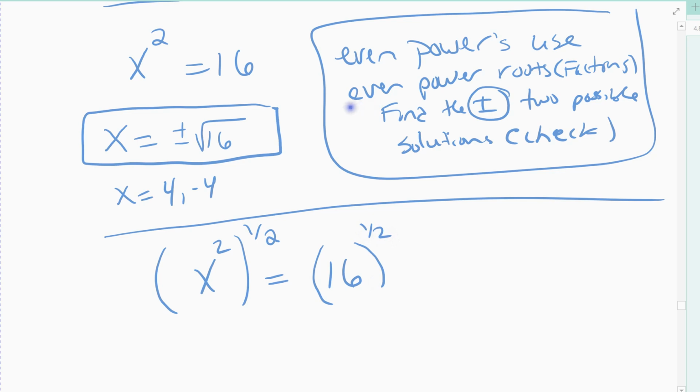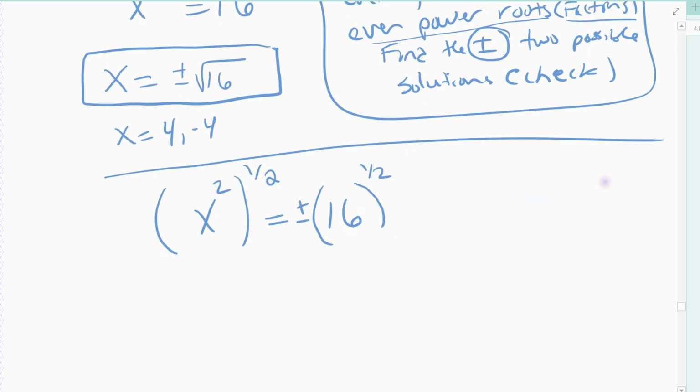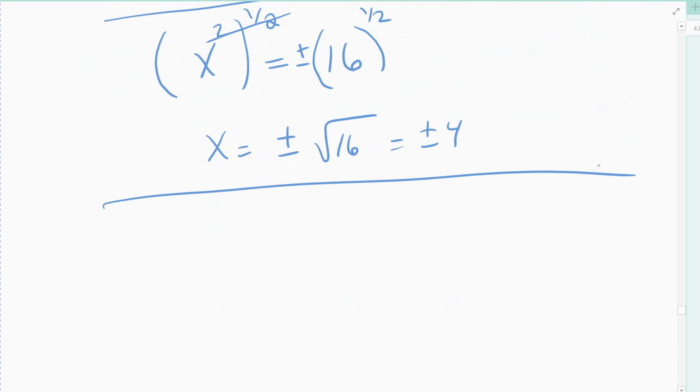But I have to remember I'm using an even powered fraction, and so there's a plus minus out front, only for the even powered cases. And so again, those cancel each other out, leaving me with x. I have the plus minus the square root of 16, and so I get the same answer. It's the same idea whenever we're dealing with even powered roots. So I've got to keep that in mind.